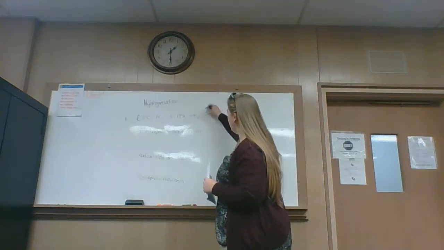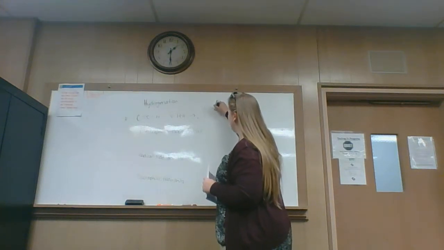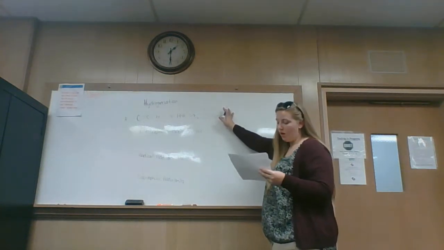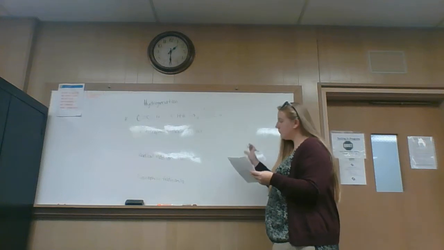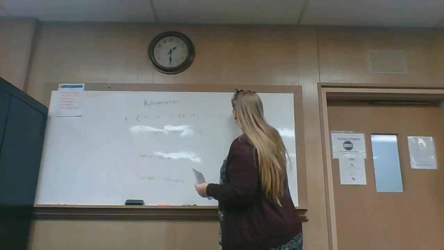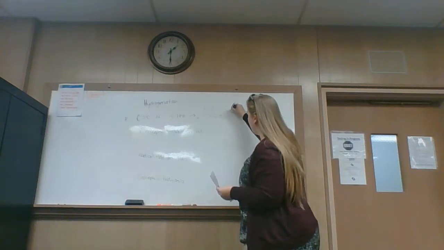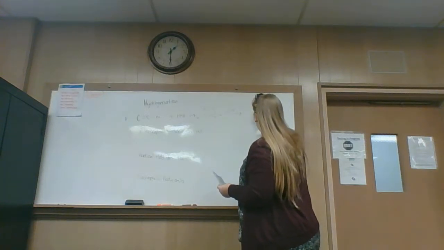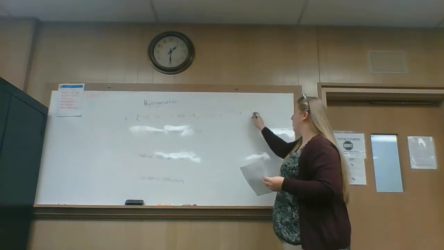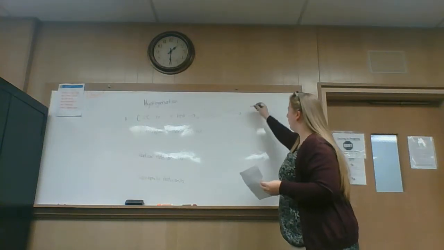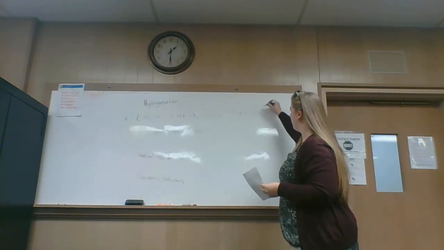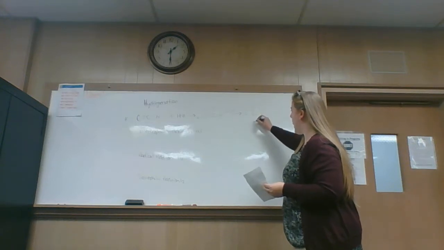If we break one of the pi bonds, that leaves us with a double bond. We add a hydrogen to each one. Okay? Essentially, we do that again, adding another hydrogen molecule. We break the pi bond, leaving just our sigma bond, and we add in another set of hydrogens.